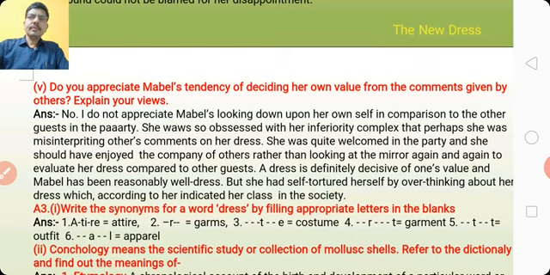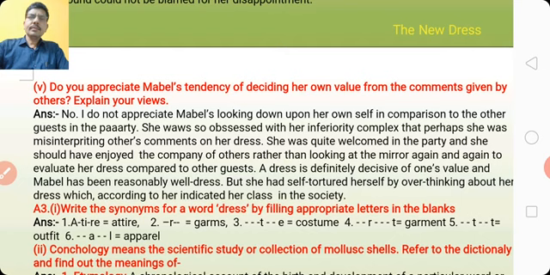Do you appreciate Mabel's tendency of deciding her own value from the comments given by others? Explain your views. Answer. No, I do not appreciate Mabel's looking down upon her own self in comparison to the other guests in the party.